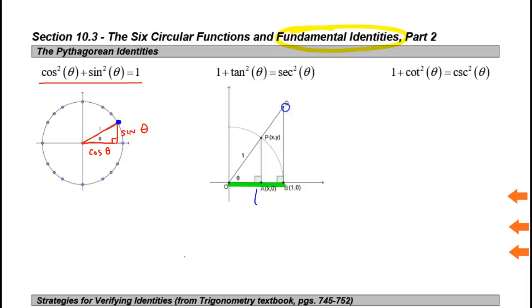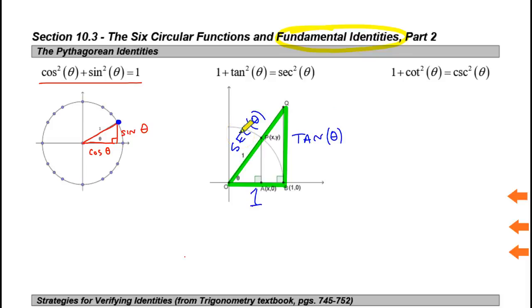This length here is tan of theta. And then the hypotenuse has a length of secant of theta. So again, the Pythagorean theorem holds.